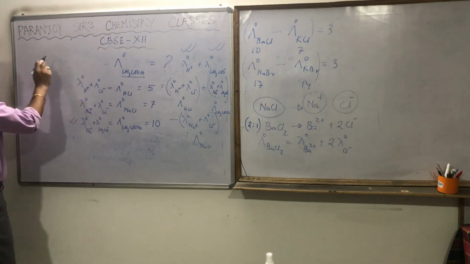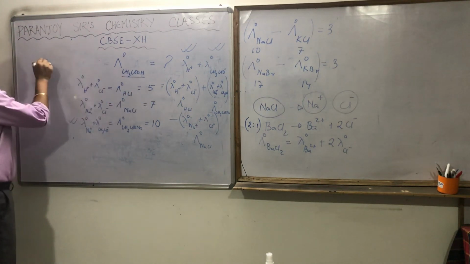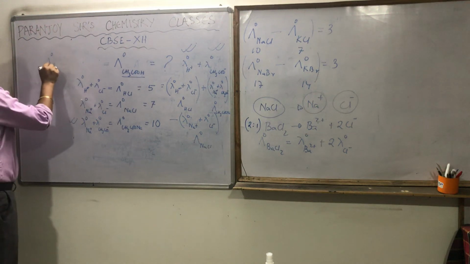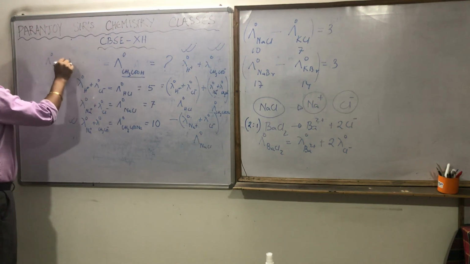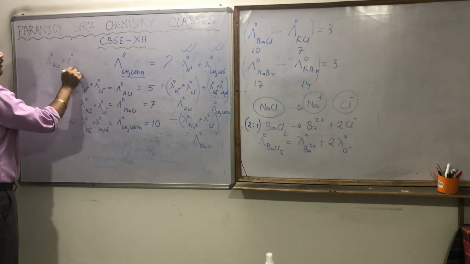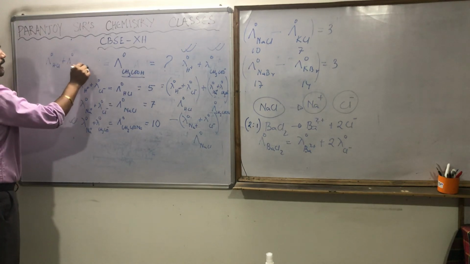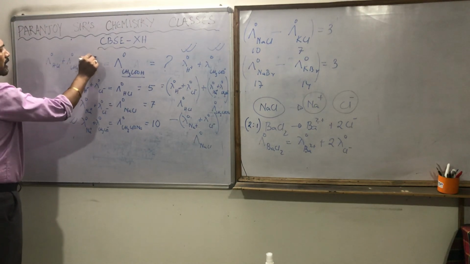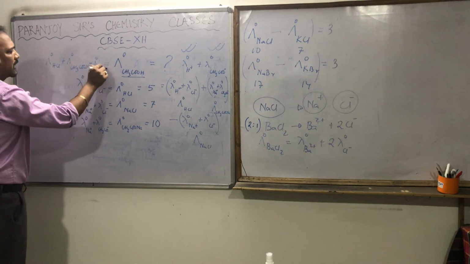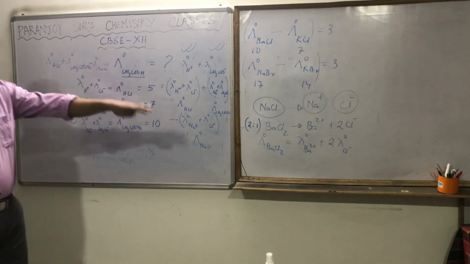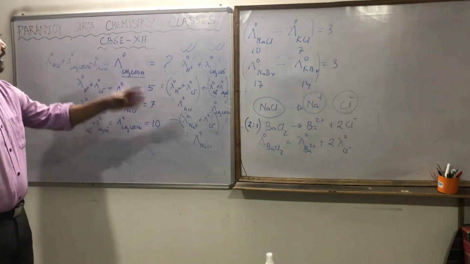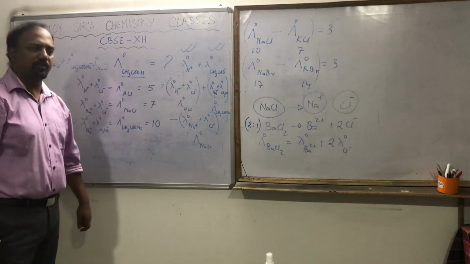It's nothing but lambda 0 for HCl plus lambda 0 for CH3COONa minus lambda 0 for NaCl. It is nothing but that.